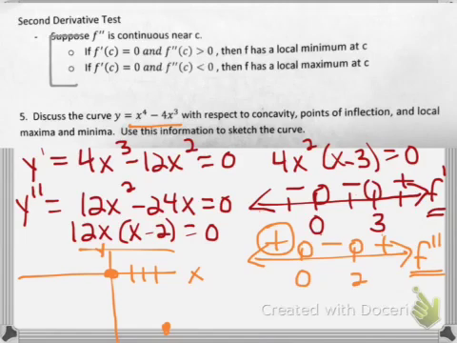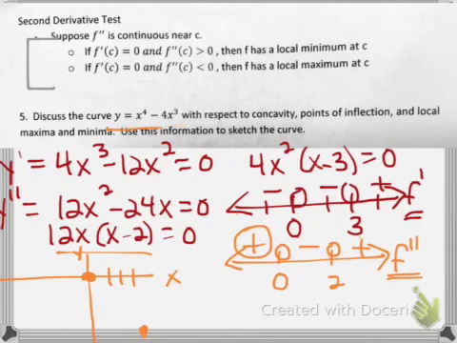Now, concavity tells me that it's concave up until 0, and then it's concave down from 0 to 2. So I am decreasing yet concave up. It would look like that. Decreasing, coming down, but it's facing up. Now from this point to this point, it's decreasing, but now it's concave down.